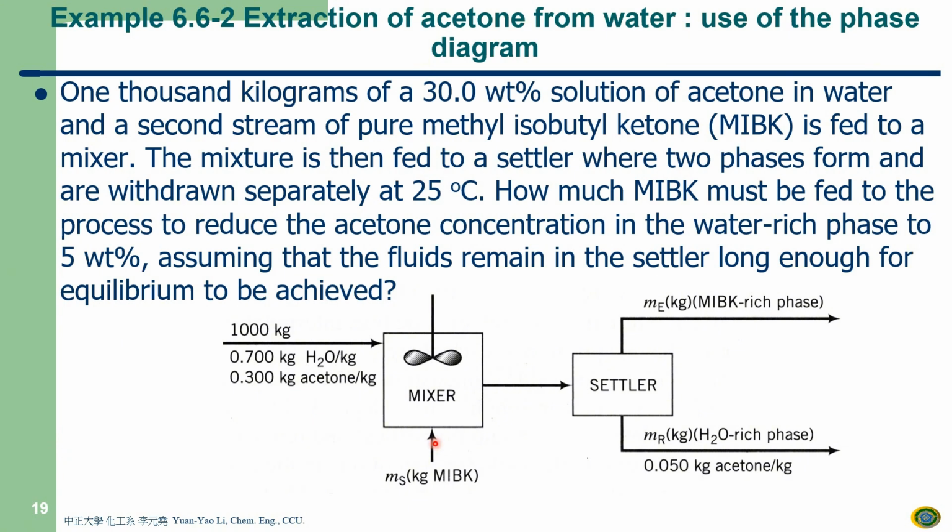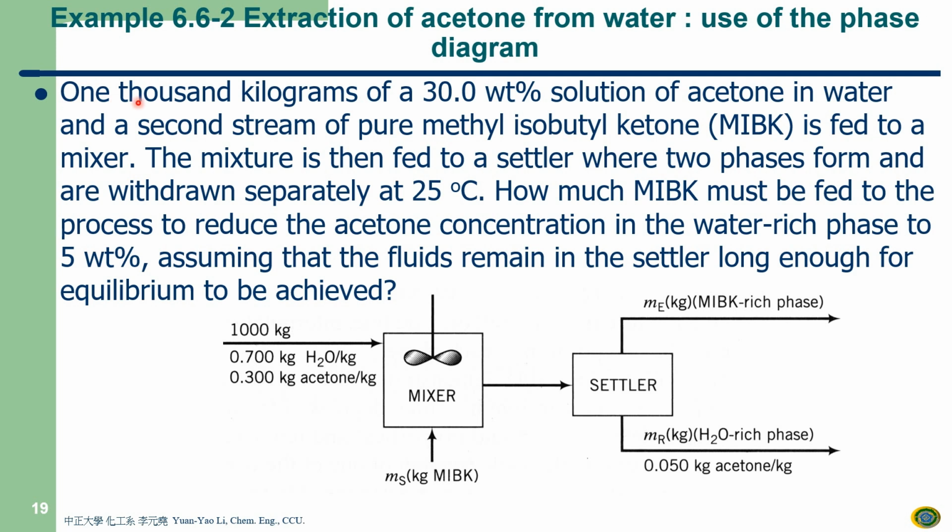Right, so now let's move to example 6.6-2, extraction of acetone from water. Use the phase diagram. Let's start to work on this together. 1,000 kilograms of a 30% solution of acetone in water. What does that mean? There is 30% acetone, so the other 70% is water, right?